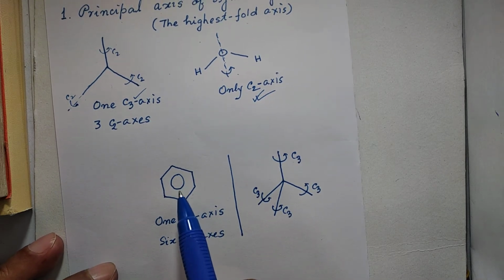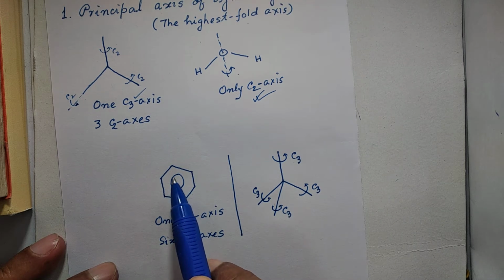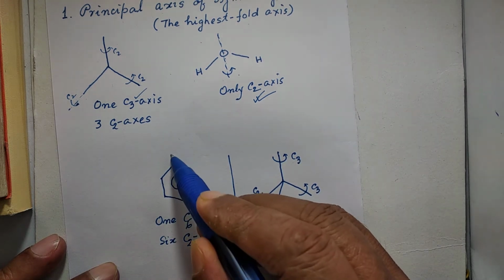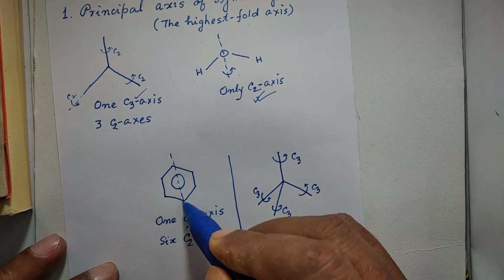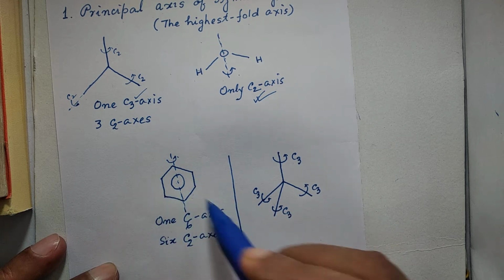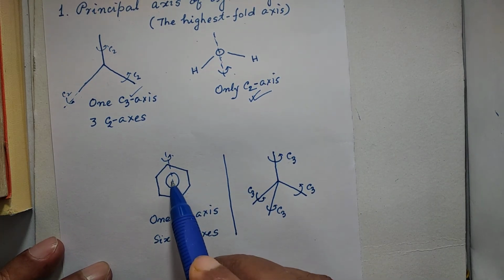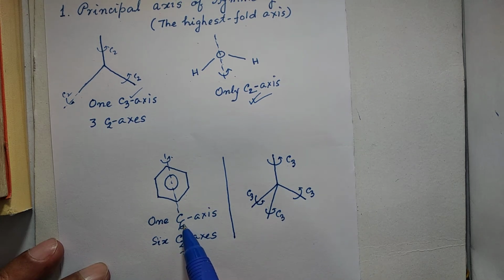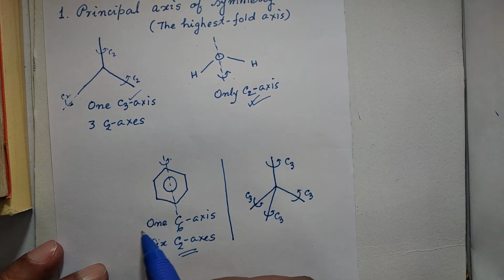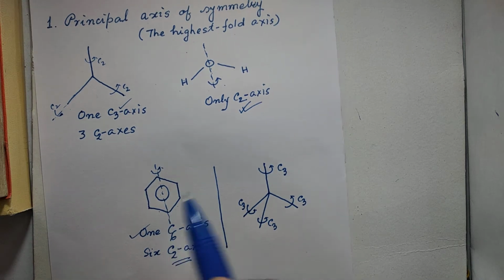For benzene, the C6 axis perpendicular to the plane of the ring is the highest fold axis because the other symmetry axes are two-fold axes like this. There are six other C2 axes, but there is only one C6 axis which is the highest fold axis. This is the principal axis for benzene molecule.